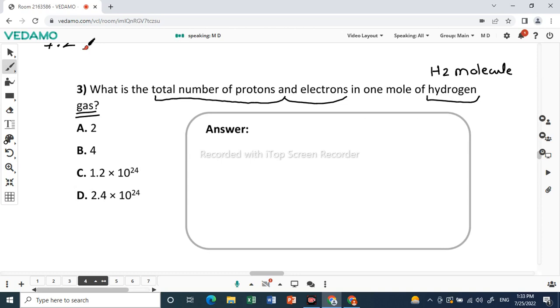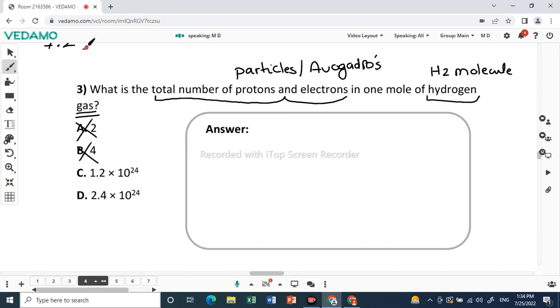The second thing: when talking about number of protons and electrons, both are particles numbers. So as if the question is asking me to calculate particles, it is Avogadro's. So definitely I'm not going to think about A or B at all.